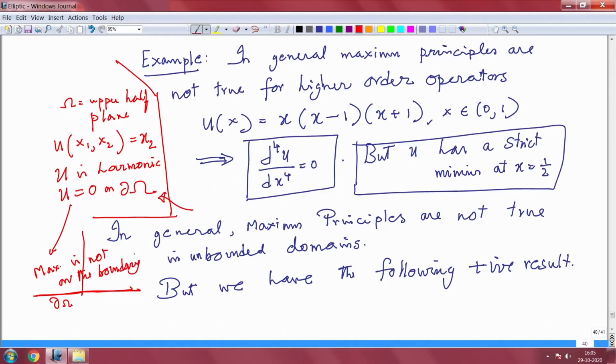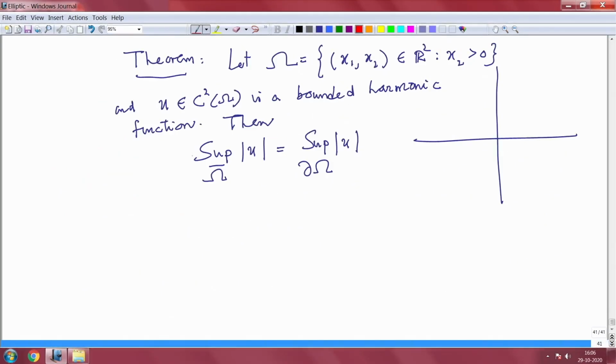The other case said you have the maximum attained at the boundary. So, for unbounded domains it is generally not true, but in the previous example u is not bounded. If you have u in C2 of omega in the upper half plane, which is a very special case, then the maximum is attained at the boundary.